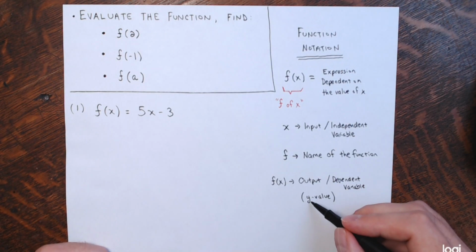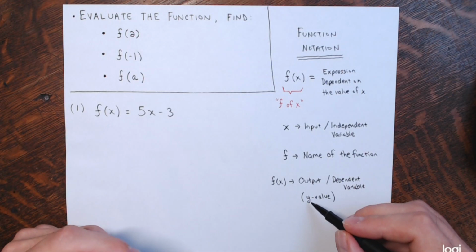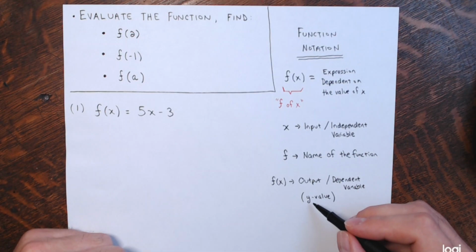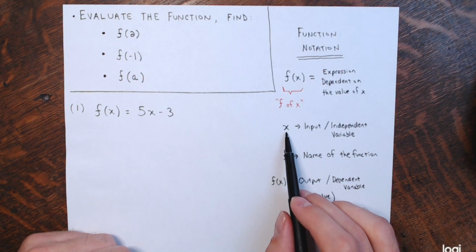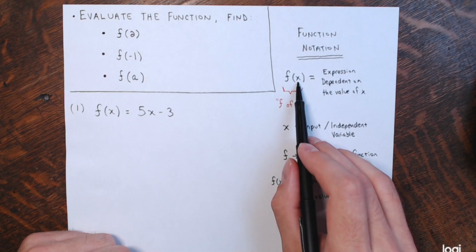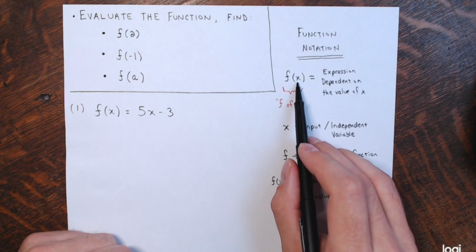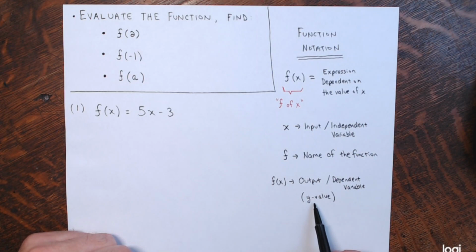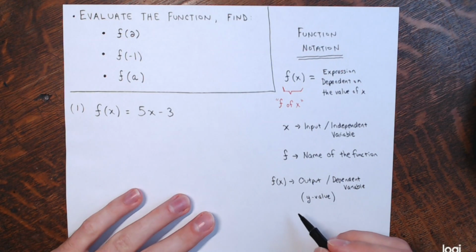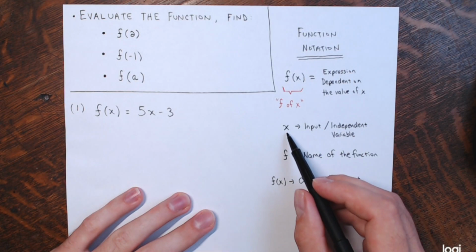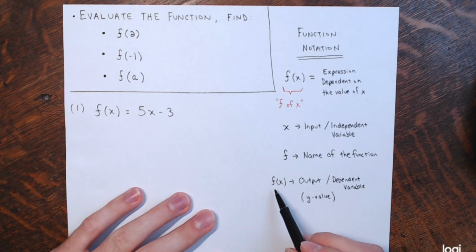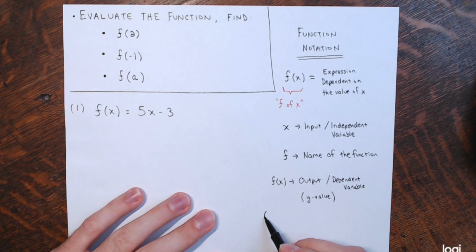Now, again, the variable name may change at some point, but in most cases, your input value is x, whatever's in the parentheses, and then f of x altogether is like the y value. If you were writing ordered pairs, x would be the first coordinate, f of x would be the y coordinate.